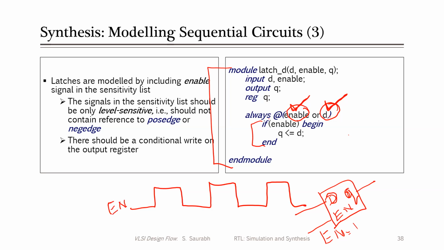So when I say always at enable, then whenever the enable changes, this block will be triggered. So whenever it becomes from say 0 to 1 or 1 to 0, this block will get triggered, right? Now we want that whenever enable is equal to 1, Q should be the output so the input D should become to Q, right?